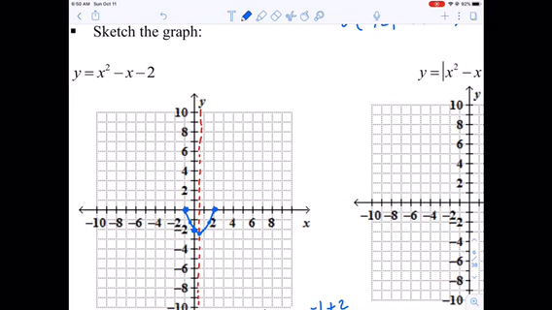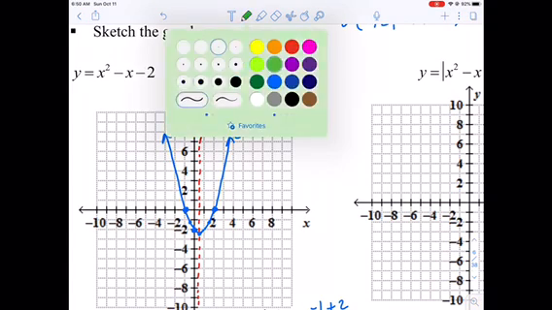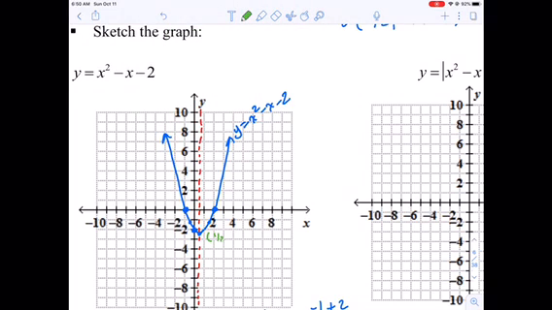Over 2, we're kind of not perfectly on the grid there. So I'm not going to draw it perfectly. There's our original function, y equals x squared minus x minus 2, excuse me.